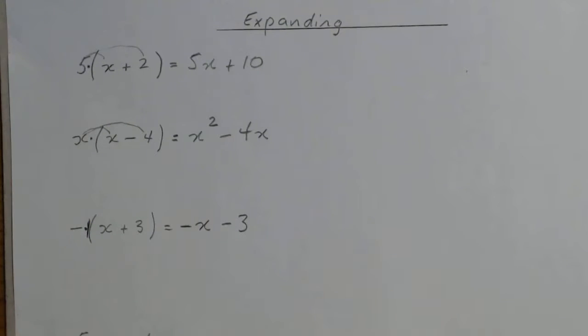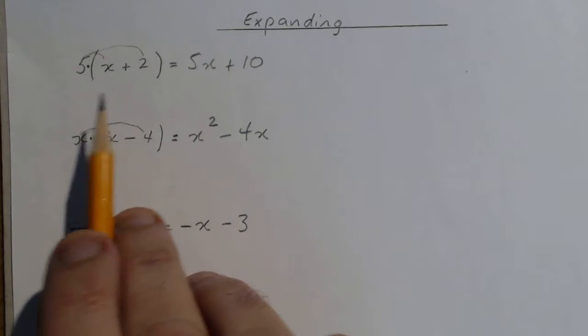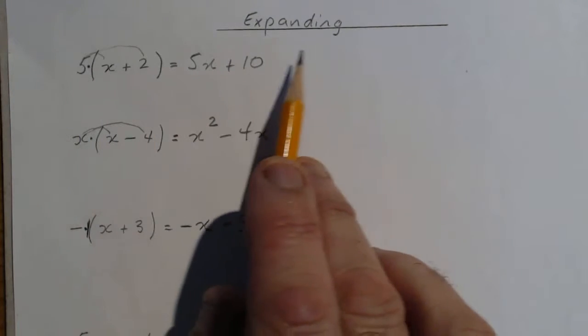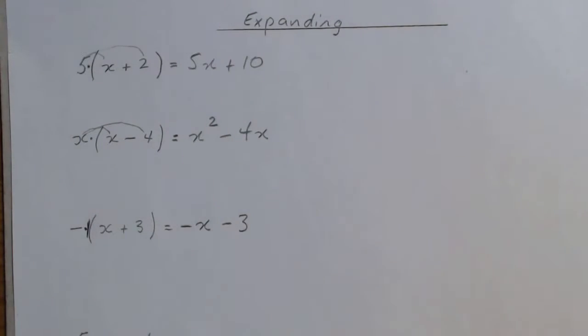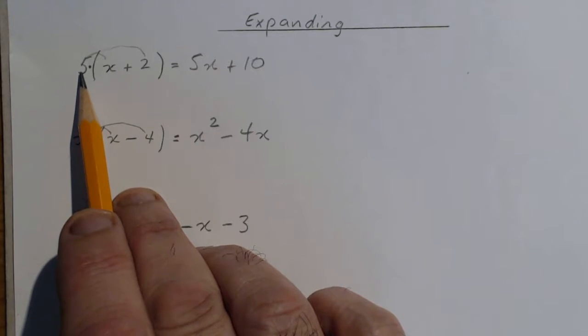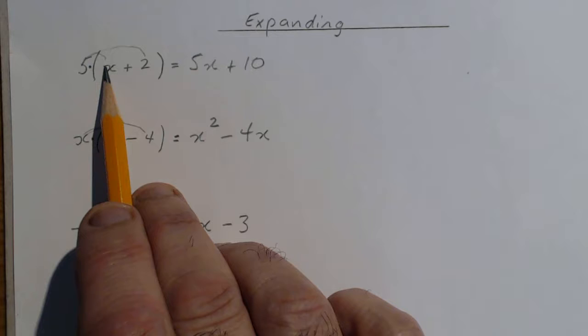Now you can see when we have a term outside a set of brackets, to remove the brackets is called expanding. And to do this, we simply multiply the term that's outside the bracket by each term inside the bracket.